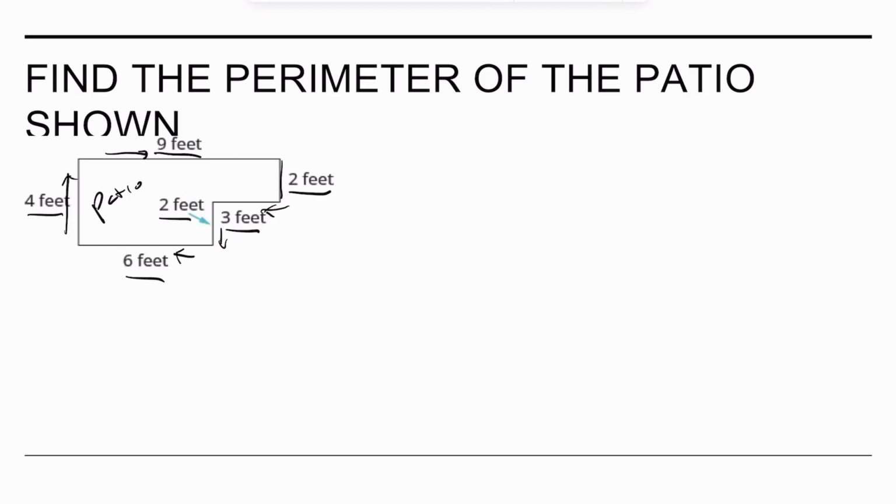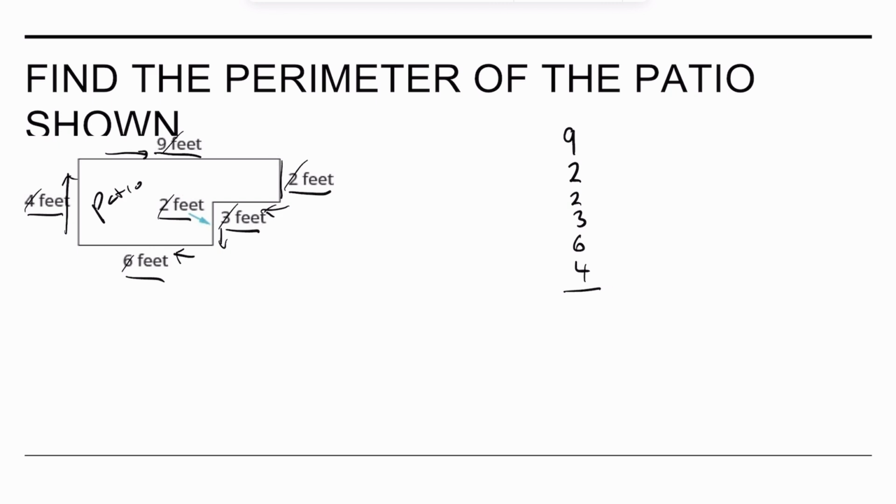So we want to start by listing out all of our addends. So we have 9, 2, 2, 3, 6, and 4. And so just to cross check that, we have 9, 2, 3, 2, 6, and 4, which is what we've written down.